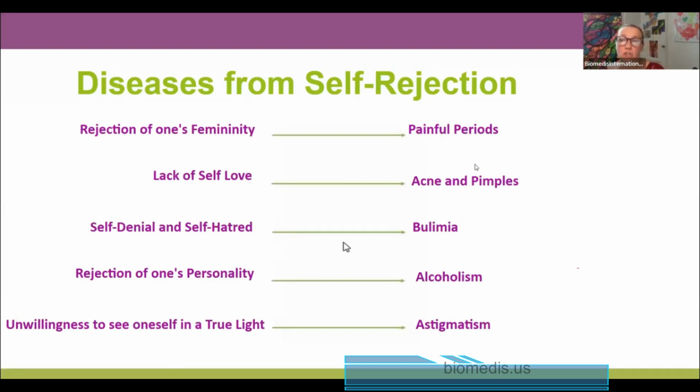Diseases from self-rejection, rejection of femininity, let's say painful periods, lack of self-love, acne, self-denial, self-hatred, bulimia, rejection of one's personality, alcoholism, unwillingness to see oneself in a true light, astigmatism.